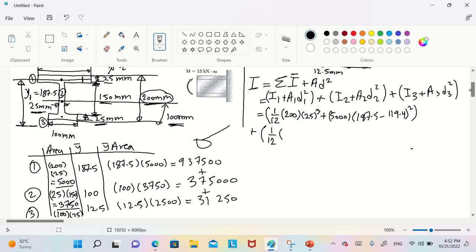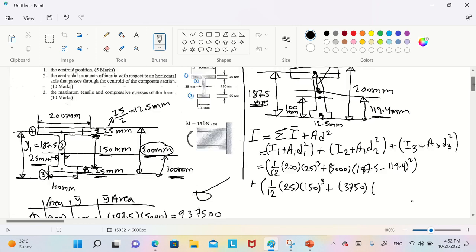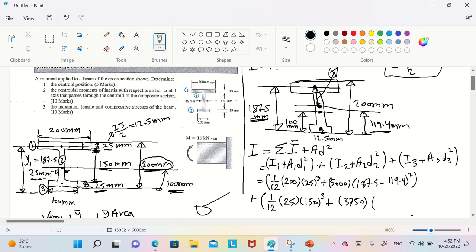The base for the second one is 25 multiplied by 150 cube plus the area is 3750 multiplied, the same idea, the distance between the second center to the whole center.